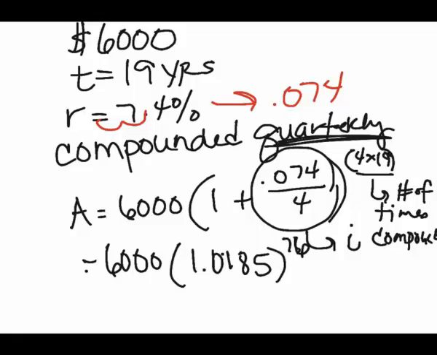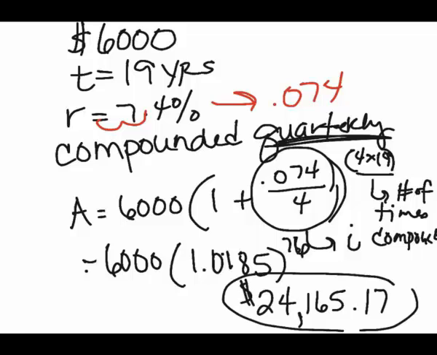And I get $24,165, it's a comma, not a decimal, $65.17. That's how much the money would be worth in 19 years.